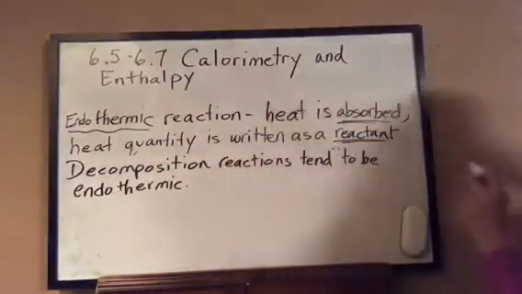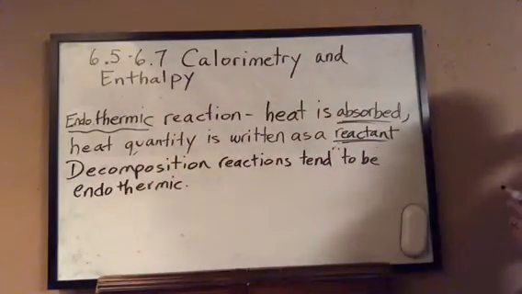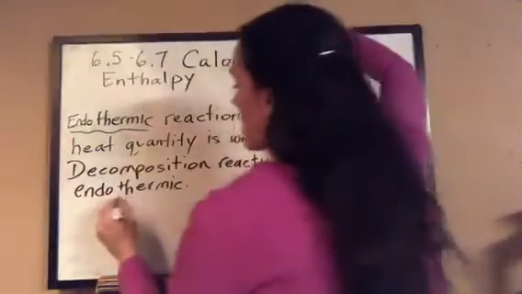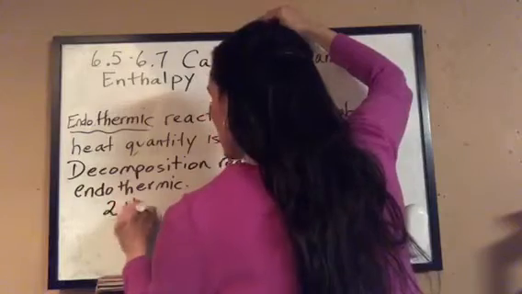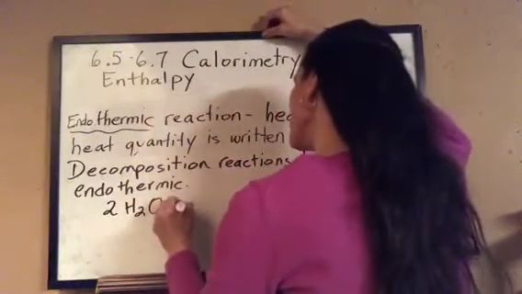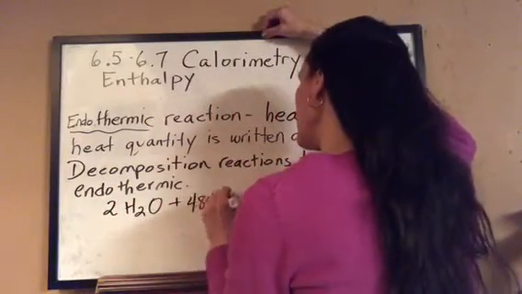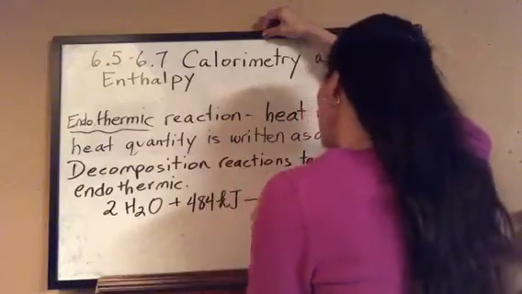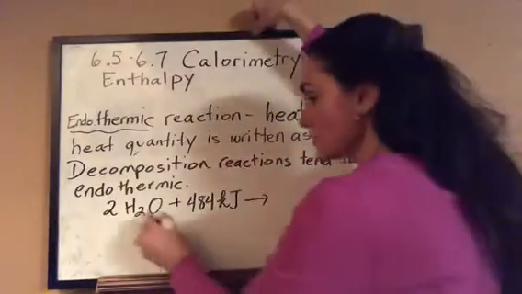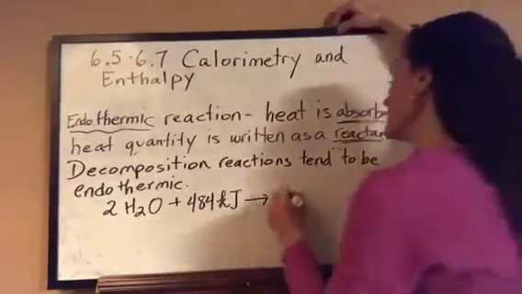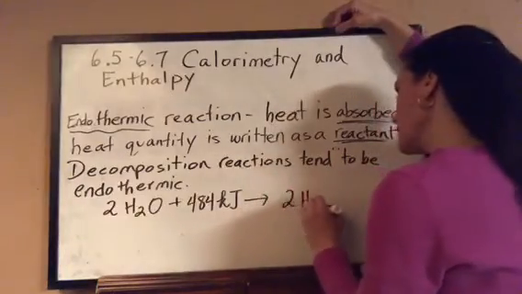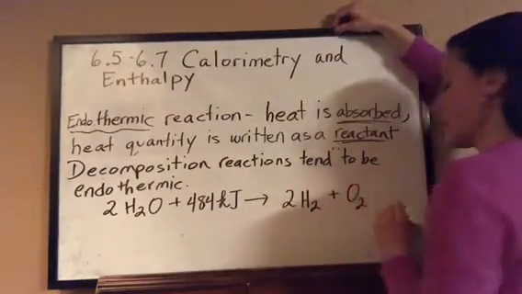Let me give you an example. If we take 2 moles of water and 484 kilojoules of heat energy, we can break those 2 moles of water into hydrogen and oxygen molecules.